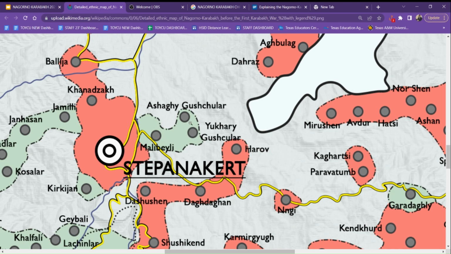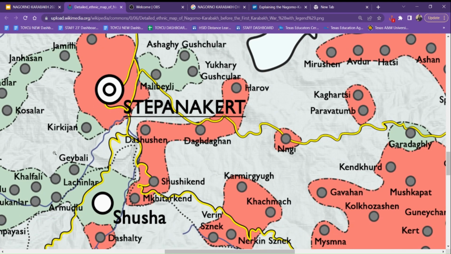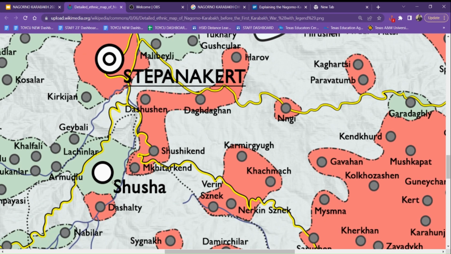As you can see, some green areas are Azeri population, as this is the capital, mostly Armenian population. You can see Shusha is mostly Azeri population, and Lachin, those territories are Azeri population.